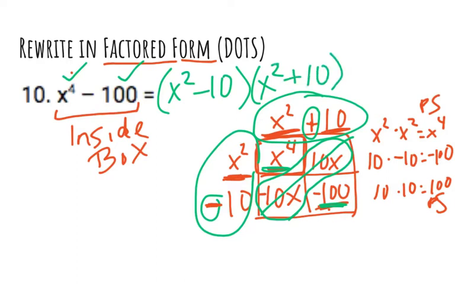Again, you can recognize difference of two squares in standard form because I have two perfect square terms with a difference in the middle: the difference of perfect square x to the fourth and perfect square 100. Or you can recognize it in factored form by having almost identical sides, except for those signs. There's a difference in the signs.